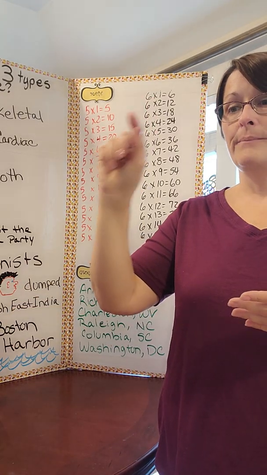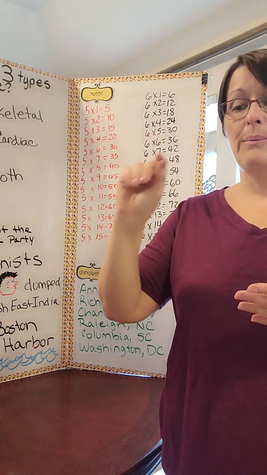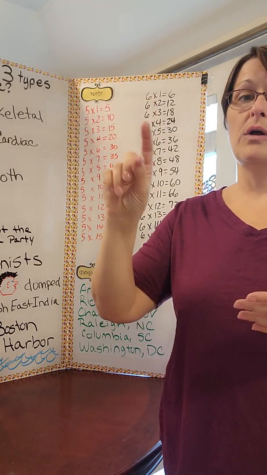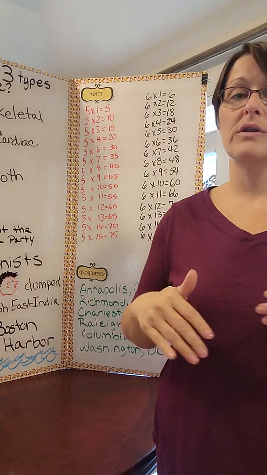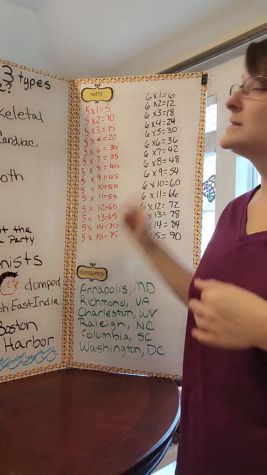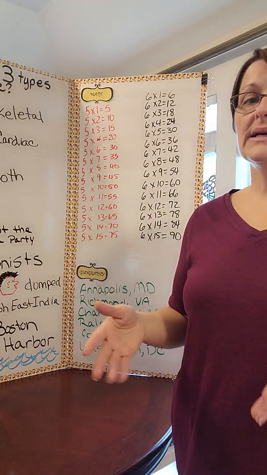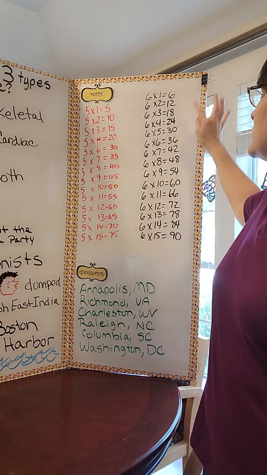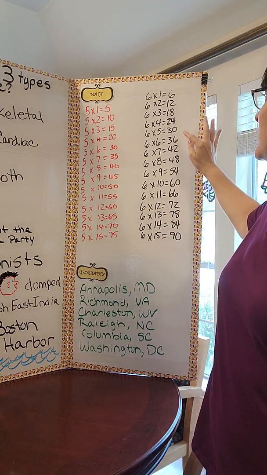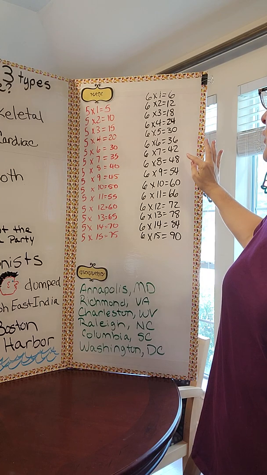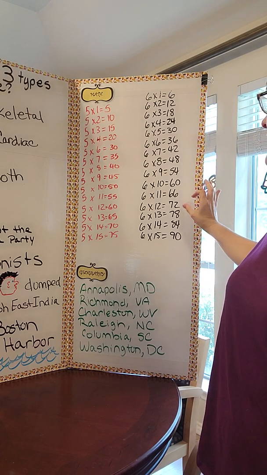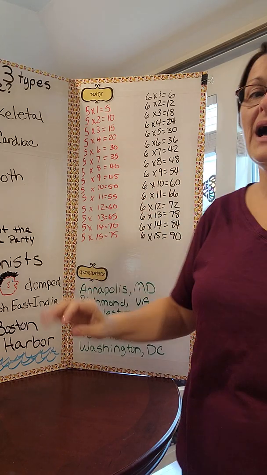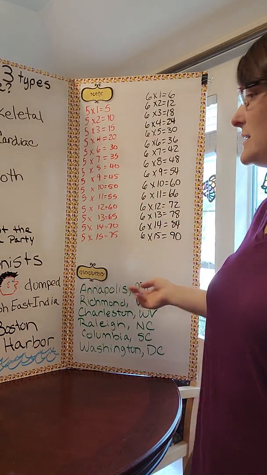We had the numbers on paper so that you could follow along with your finger, because it does get a little difficult to remember, especially for the smaller children. So for 6, the song is 6, 12, 18, 24, 30, 36, 42, 48, 54, 60, 66, 72, 78, 84, 90, and then it repeats.